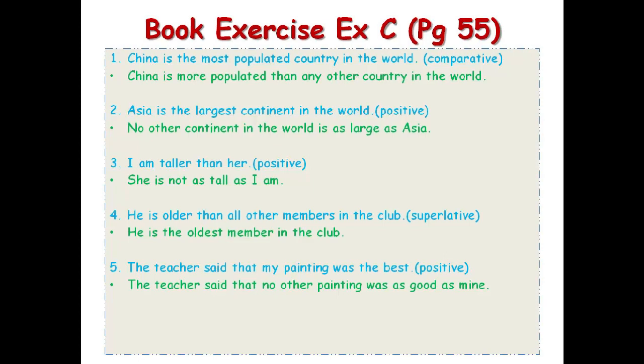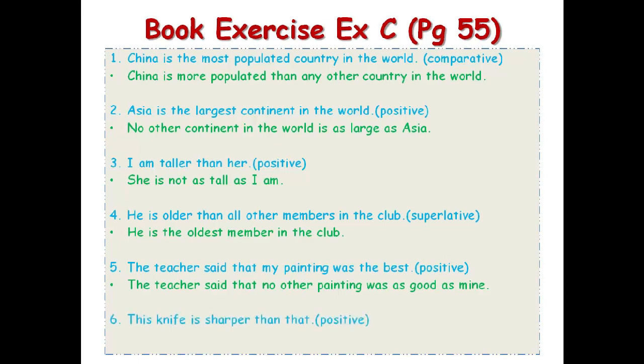When I say no other painting was as good as mine, it means mine was the best. Understood? So the meaning does not change. So whenever you have to change into positive, try to start the sentence with no other. The comparison part should start with no other. That will give you a clue to it.